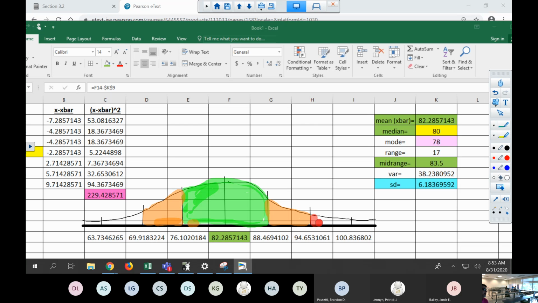And I'm going to draw a red highlight there. 95% of the population, and it should say that on your empirical rule. 95% fall between 2 standard deviations.